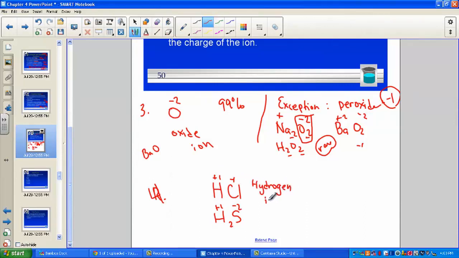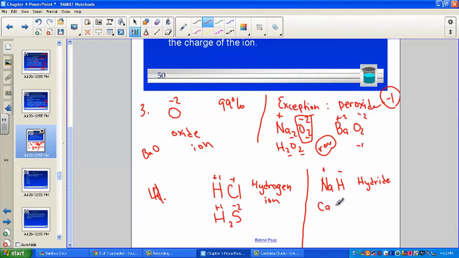This is called the hydrogen ion. Now the flip side of that rule says, What if hydrogen's written in the second position, hooked to a metal? Let's suppose I have NaH. This guy here is now carrying a -1 charge. This ion we learned is hydride. NaH, hydride.